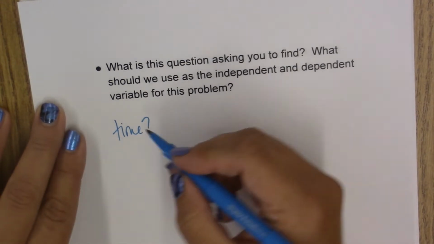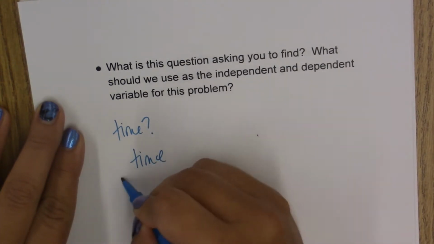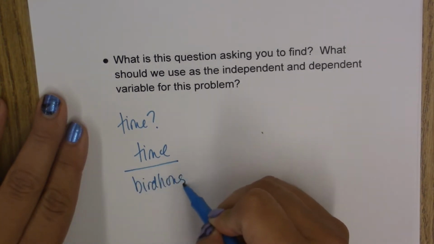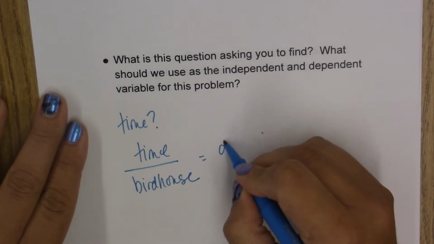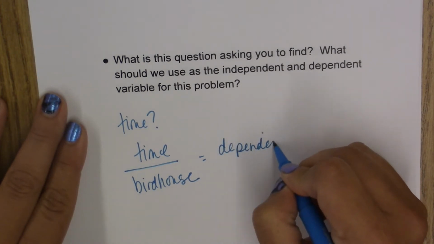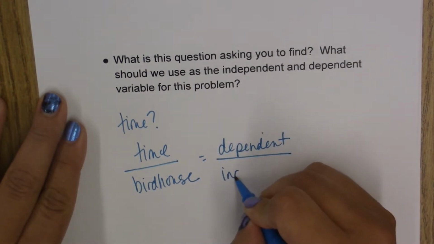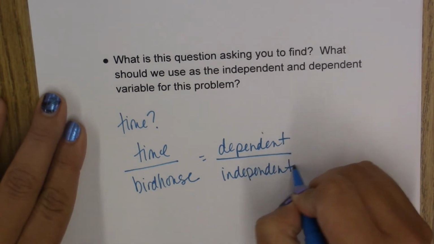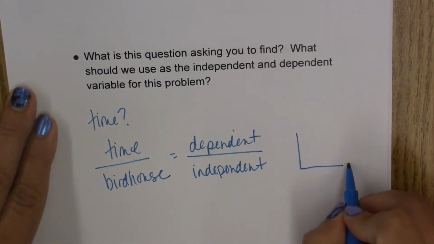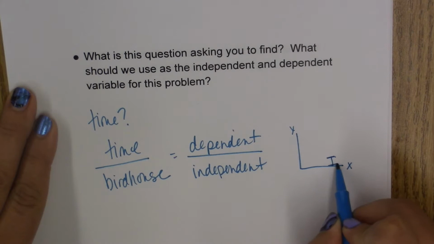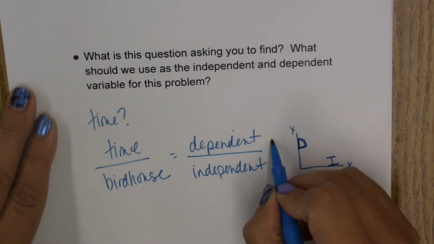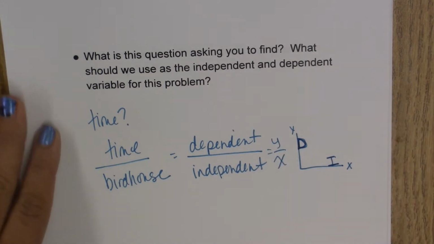So we're going to do time per birdhouse. Now, when we look at these, this is our dependent to our independent. If we think about that graph, our x and our y, remember we can put the I on the x-axis and our d on our y-axis. So y to x.